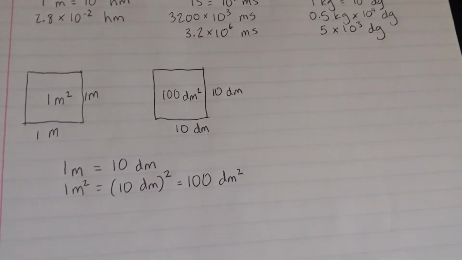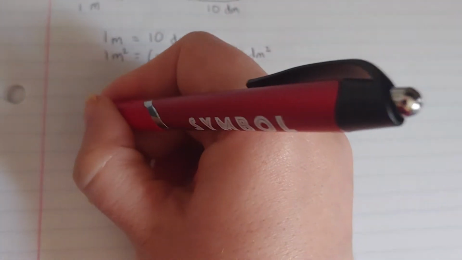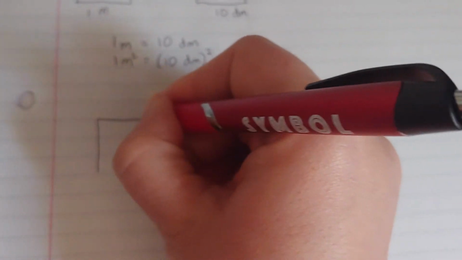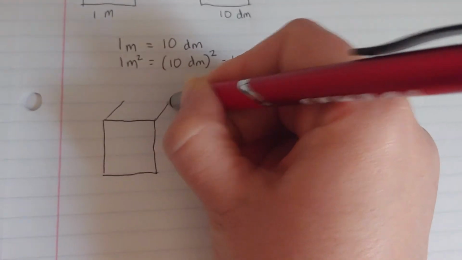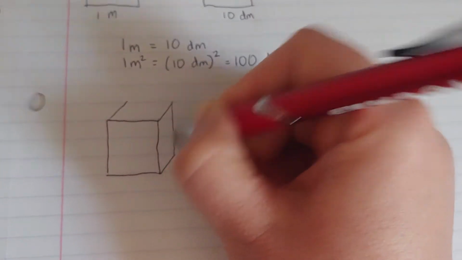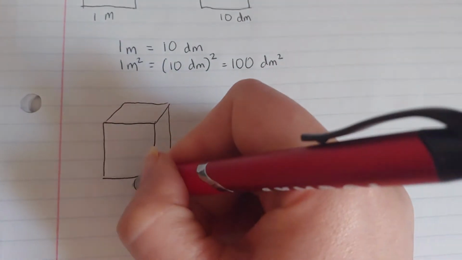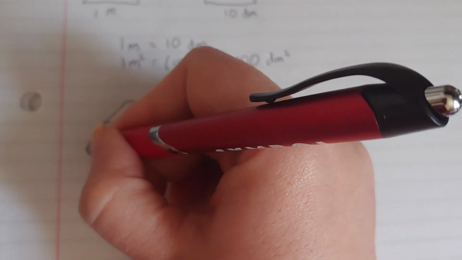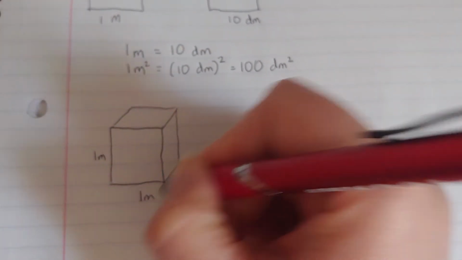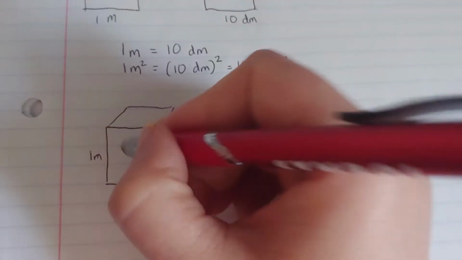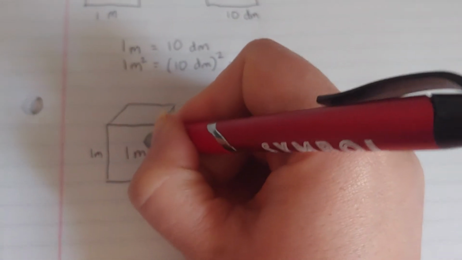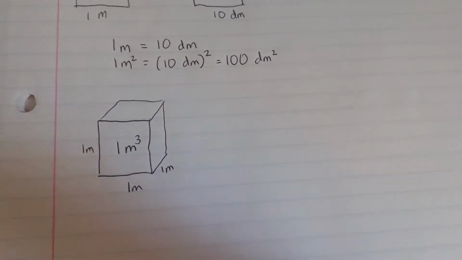Let's try it with volume. Okay, so now I've got my cube. And it's 1 meter by 1 meter by 1 meter. So my volume is going to be 1 cubic meter.